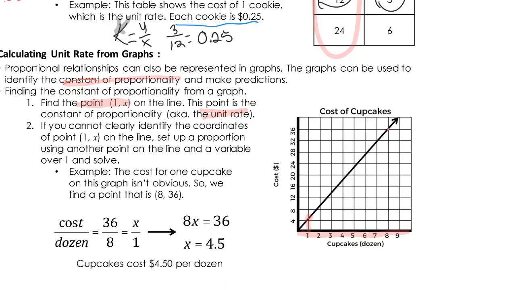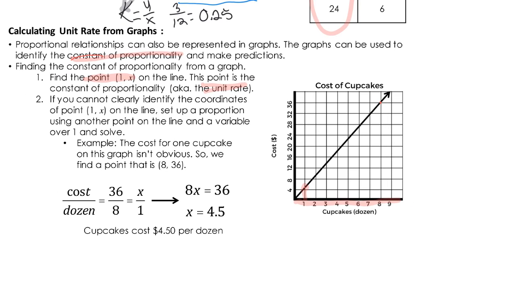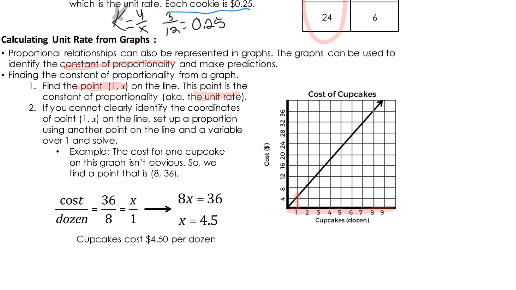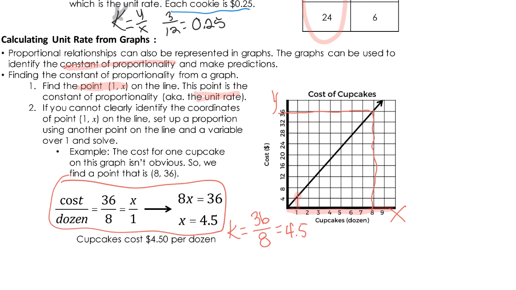So we would do y over x. This is your x-axis, and this is my y-axis. We would do k equals 36 over 8, which is 4.5. Or you could set up a proportion, which is what they did. Either way, let's look at the next.